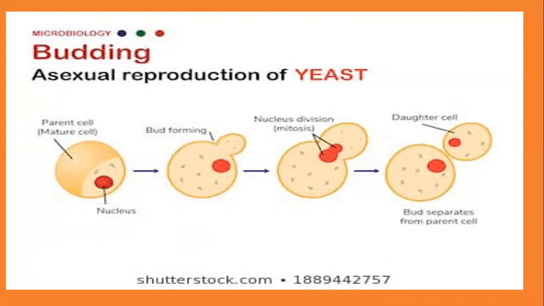The bud ultimately gets cut off from the parent body and leads an individual life. The budding may be repeated, resulting in one or more chains. Example, yeast.